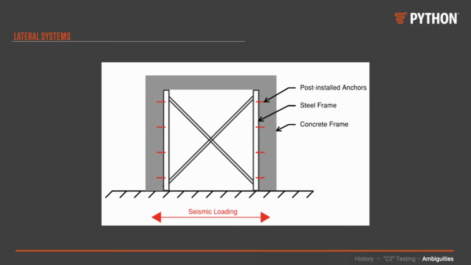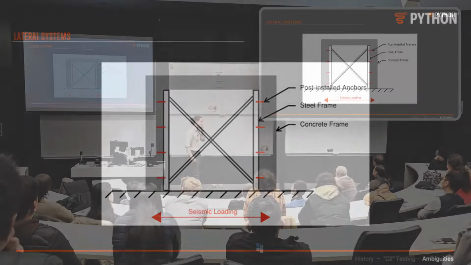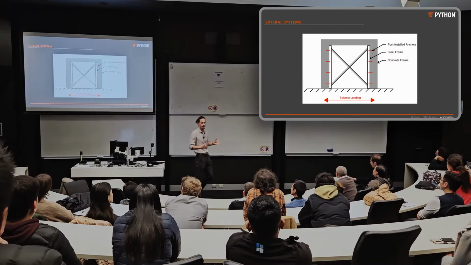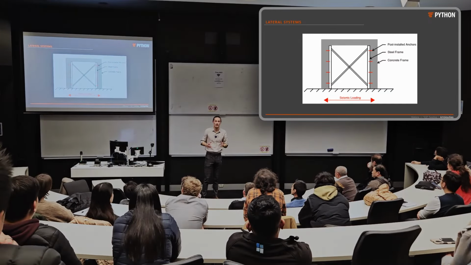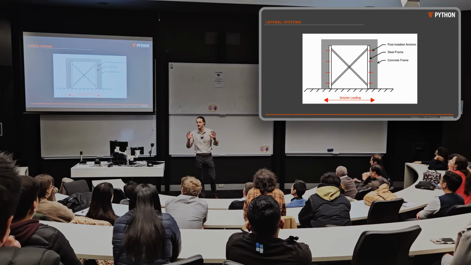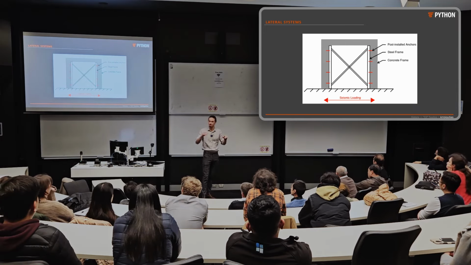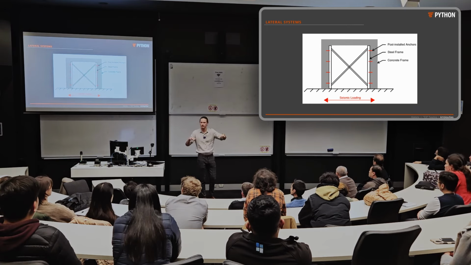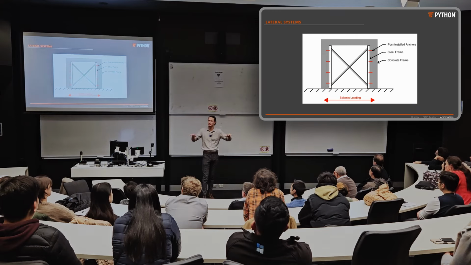Similarly, let's say we are wanting to strengthen a single-story reinforced concrete frame, and we're wanting to bring the drifts down. So we put in a really stiff steel braced frame, and we connect it laterally with post-installed anchors into the original concrete columns.